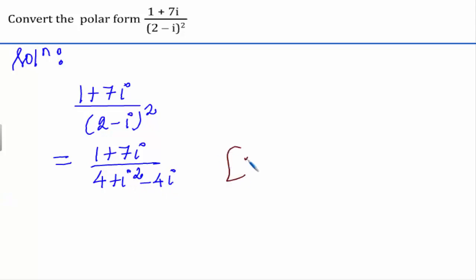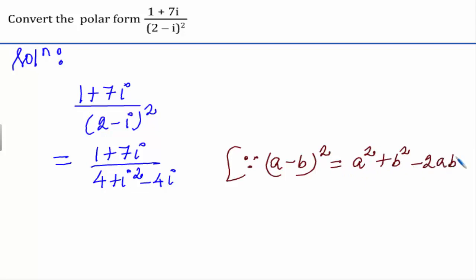Here we are using the identity (a minus b) whole square is equal to a square plus b square minus 2ab. This will be equal to (1 plus 7i) divided by (4 minus 1 minus 4i).